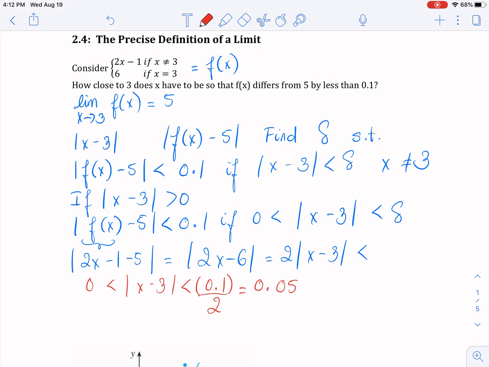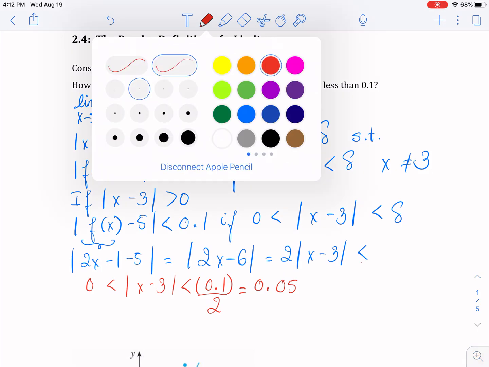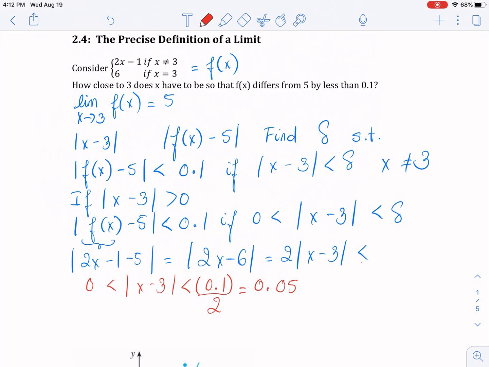Okay, so let's go back to my problem previously. So I have 2 times the absolute value of x minus 3 less than 2 times 0.05, which is 0.1. Okay, so you see 0.1, that's what we need, right? We need 0.1 because that's why we want to set it to less than 0.1.